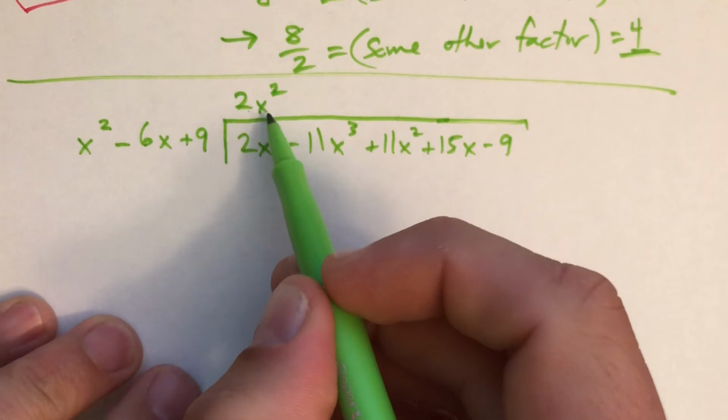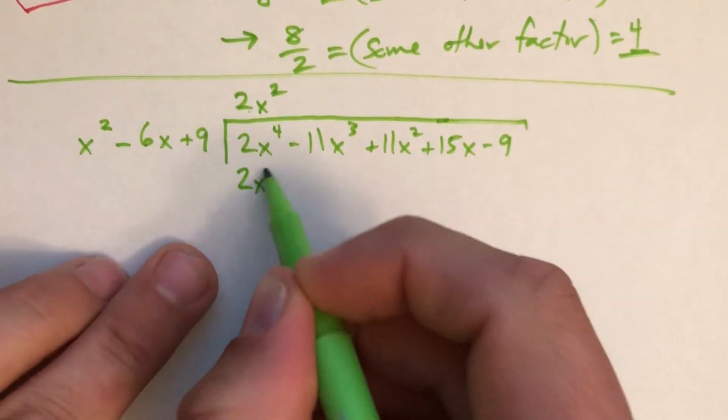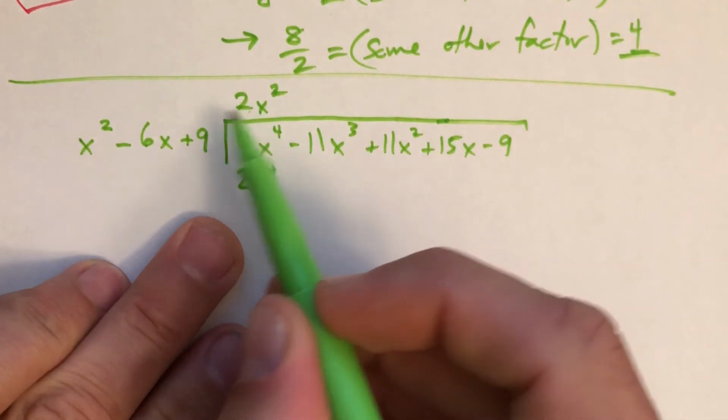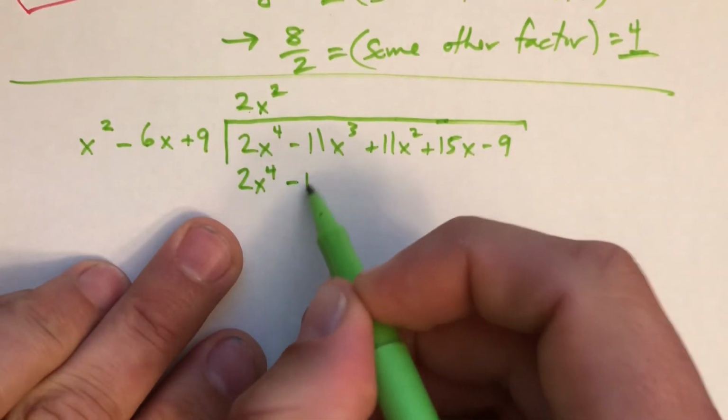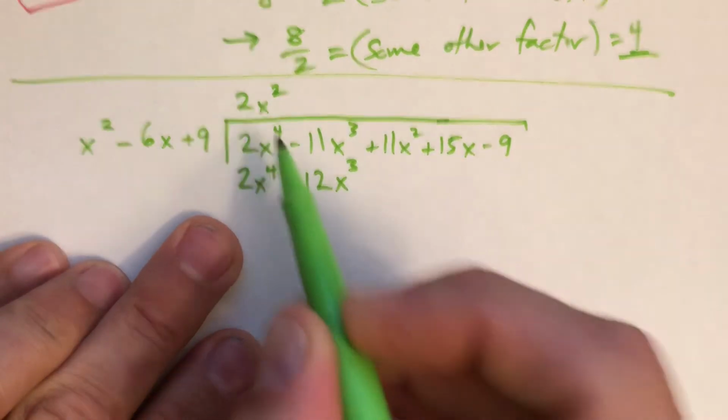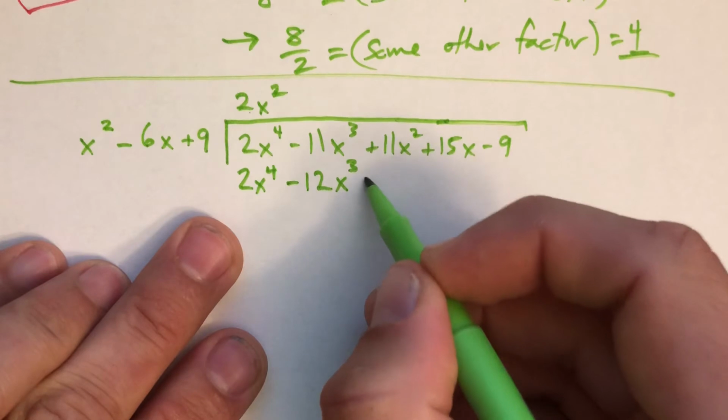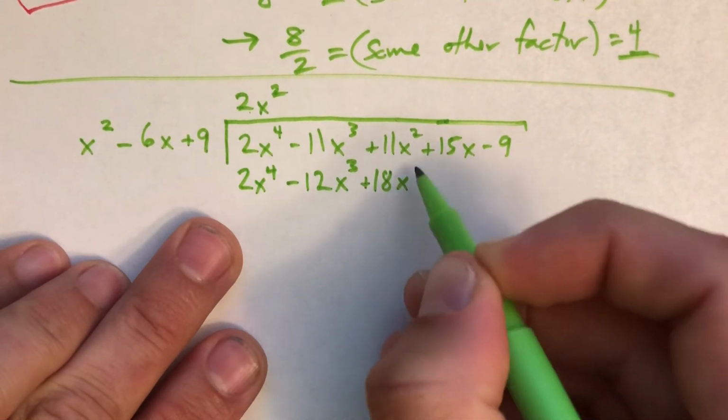So I've got 2x squared times x squared is 2x to the 4. 2x squared times negative 6x, we got negative 12x cubed. 2x squared times 9 would be plus 18x squared.